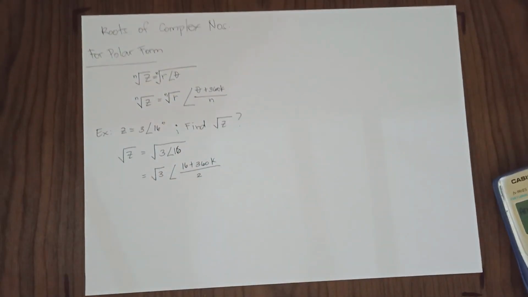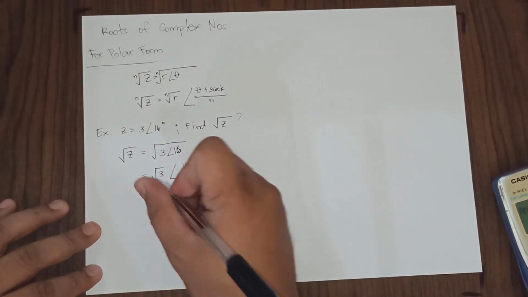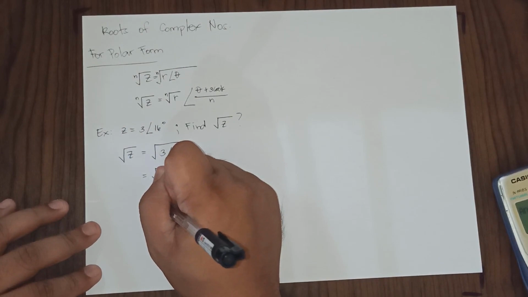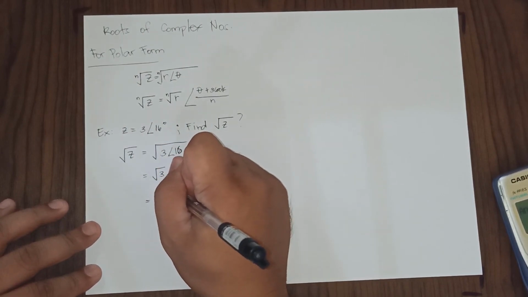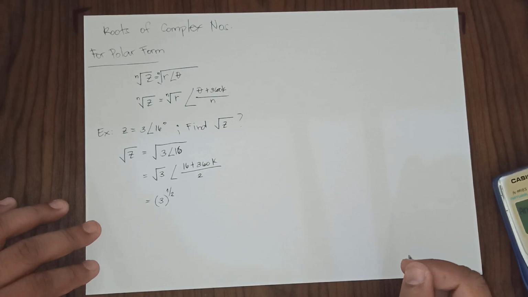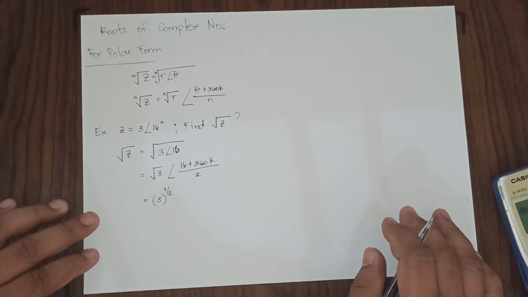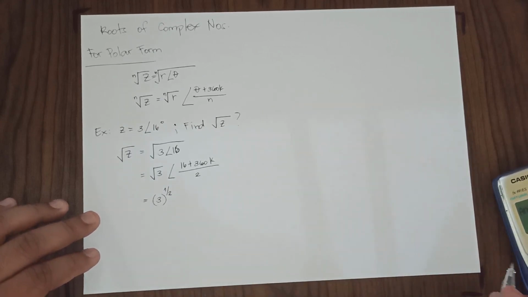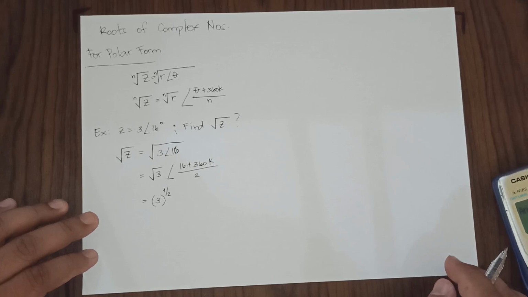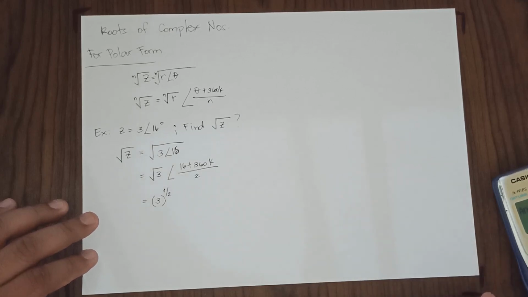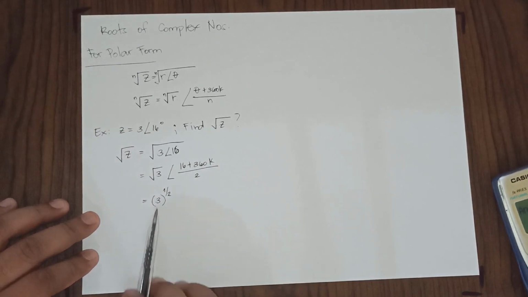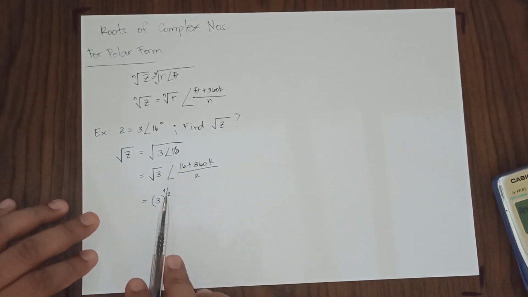Sir, paano mo nakuha yung 2? Ganito kasi yan. Hindi ba ang square root is raised to 1/2? Sabi ko nga sa inyo kanina, roots of complex numbers are actually one type of solution from our previous video na powers of complex numbers. It's just that yung nire-raise niyang value n is lesser than 1. So in terms of square root of 3, that is 3 raised to 1/2.